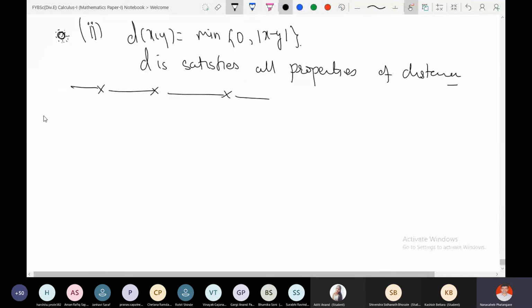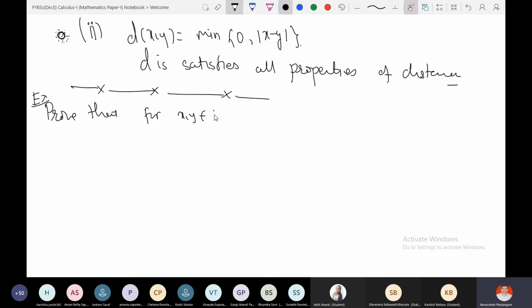Okay, now another version of triangle inequality is: prove that for x, y belonging to R, the absolute value of |x| minus |y| is less than or equal to |x minus y|.